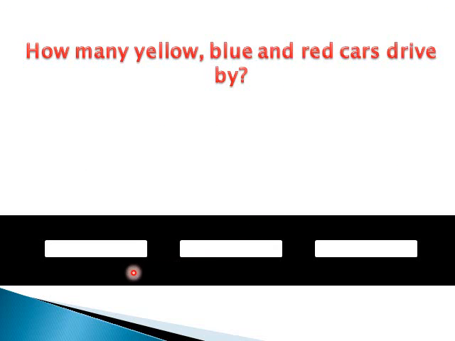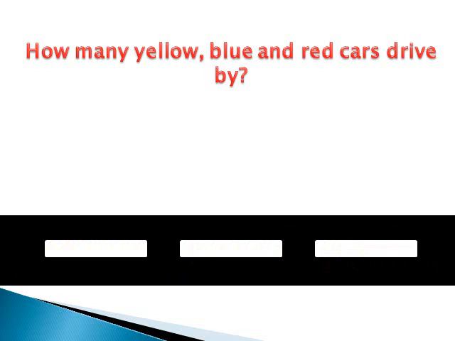Here I have a street and I'm going to have some blue cars, red cars and yellow cars passing by this street. We want to count how many yellow cars, how many blue cars and how many red cars.